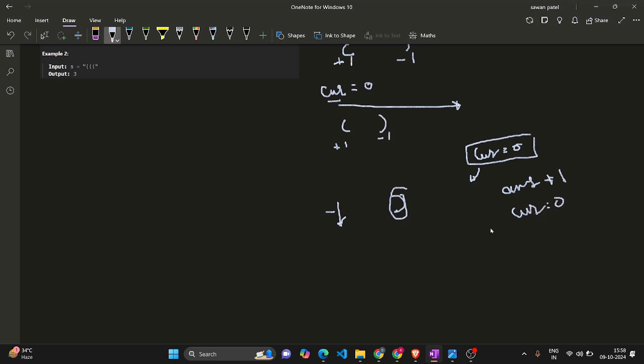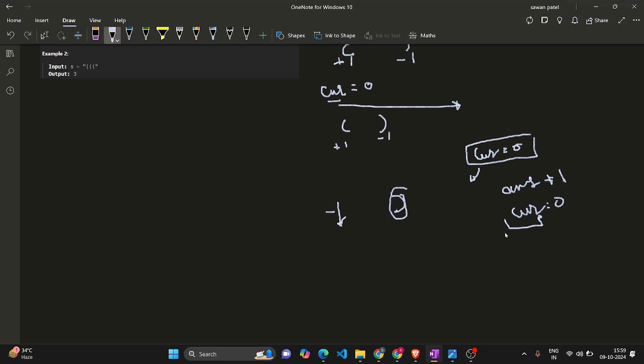And at the end, whatever the value of current we have, for sure it will be positive, because whenever we get negative, we just increase the answer and make it 0. So whatever is left means we have all opening ones, so we need to provide closing parentheses for them in the string as well.